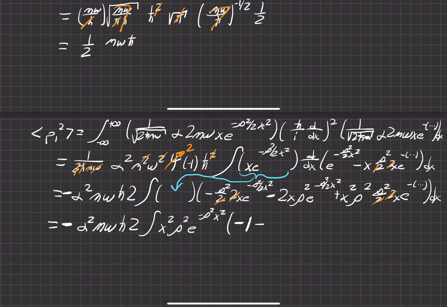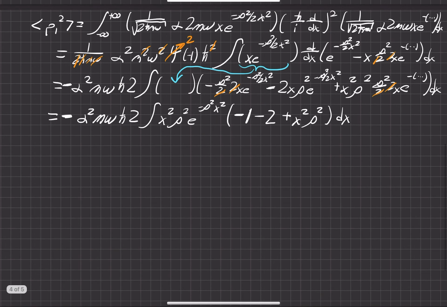So that's just 2 that's left over here. And everything that's left over from this term is just an x squared, positive x squared, rho squared, dx. All right, let's slide this up a little bit. I'm going to throw this negative sign in there, change the terms around a little bit, but I'm just going to make a positive.